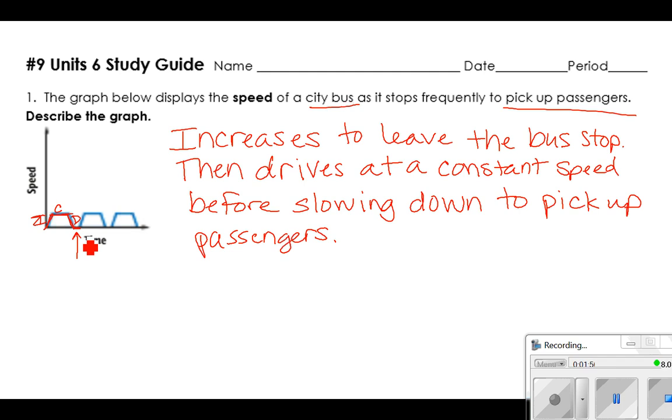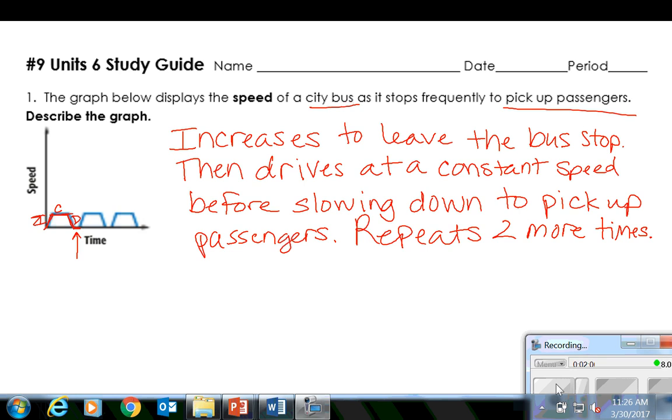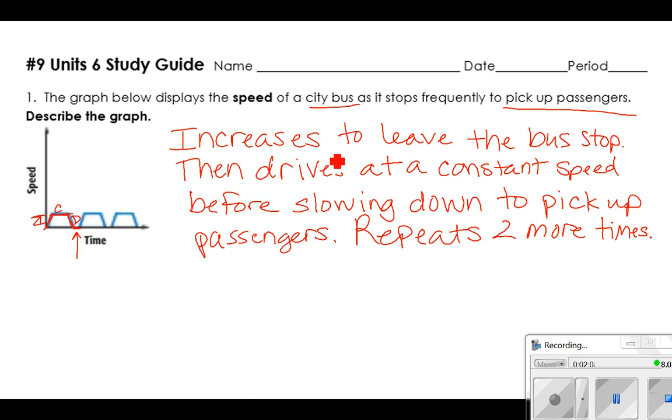And then if you look, it's doing the same thing two more times. So we can simply say repeats 2 more times. Keywords are increases, constant, slowing down, or decreases, and then saying that it is repeating 2 more times.